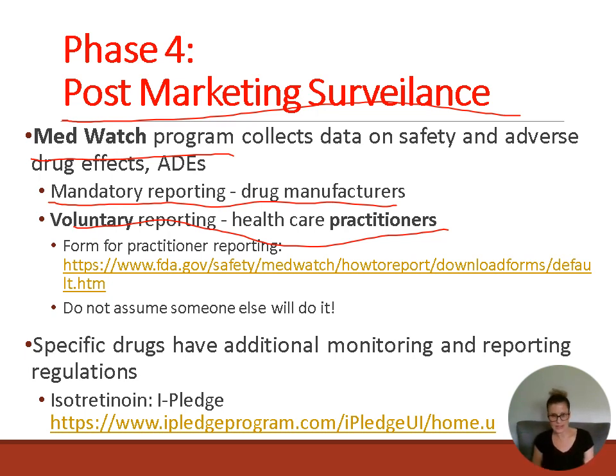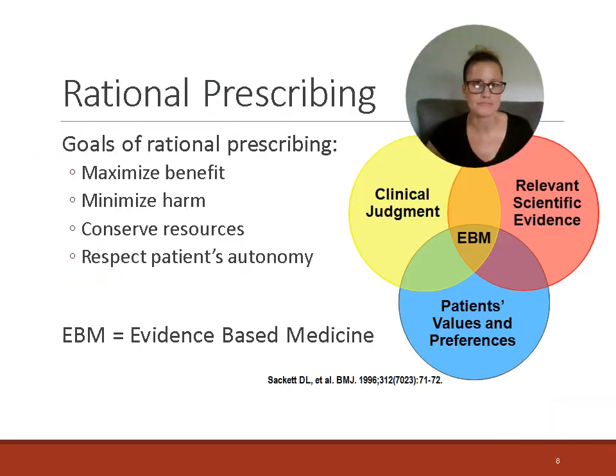But instead they said, okay, we'll let it be prescribed, but everybody has to follow these very specific guidelines to ensure that patients don't get pregnant while taking it. That helped to ensure safety in patients taking it.